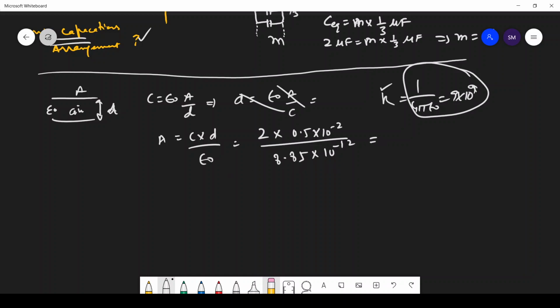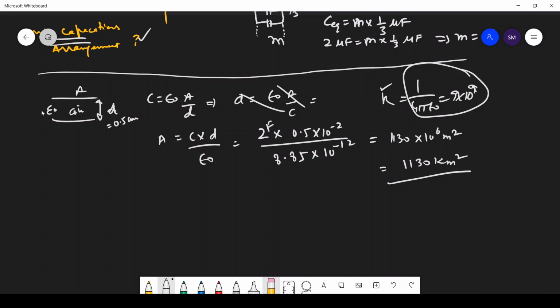And if you solve it, this will come out to be 1130 into 10 to the power 6 meter square. So meter square, if you write it in terms of kilometers, that is 1130 kilometers square. Okay, so for 2 farad, and distance between the plates is not much, students, it is only 0.5 centimeter.